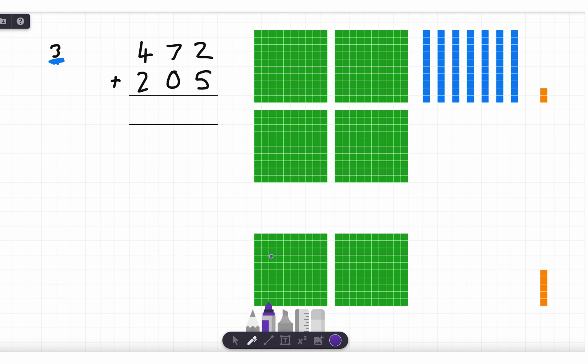Right, moving on to question 3, we have 472. So we have 400, 70 and 2 units, and that's added to 205. So again, we start with the units column, and we have 2 add 5, gives us 7 units.